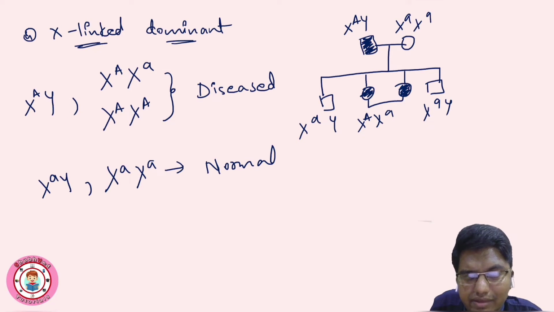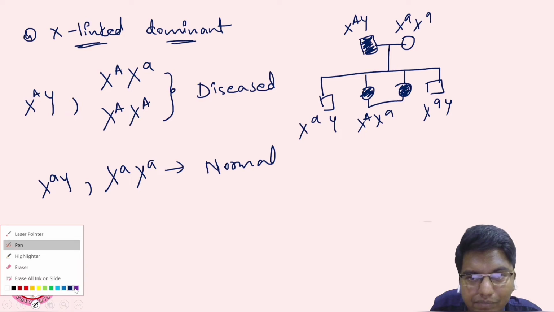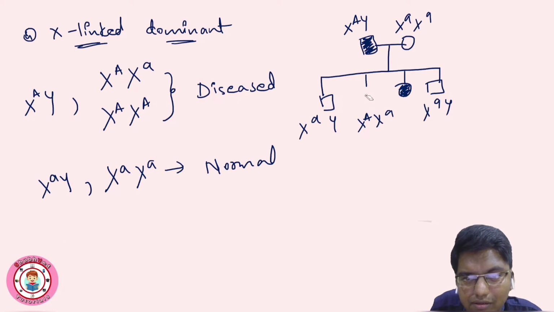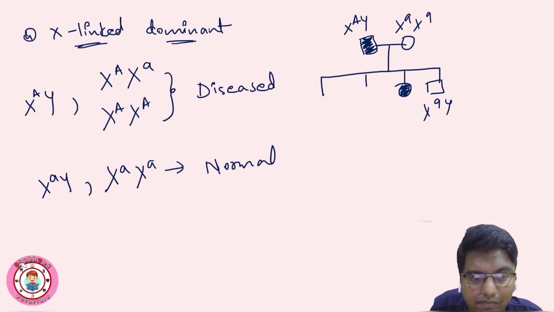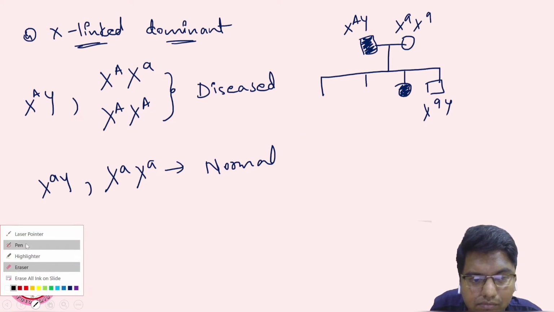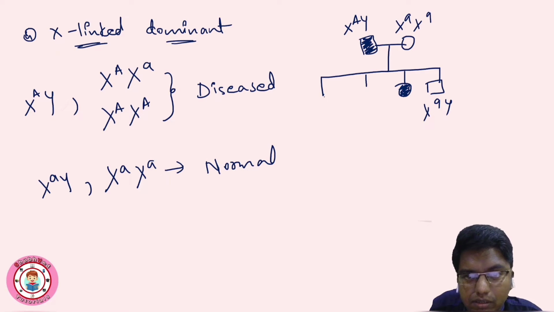Now from this, we will make one more generation of this family, to make it easy for showing. So I will draw here a circle and here, right? So this will again be XAY, and this is affected.